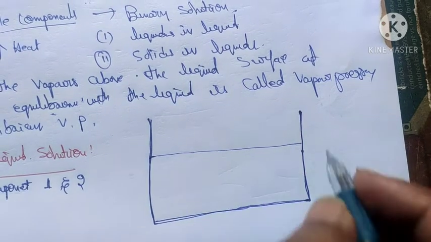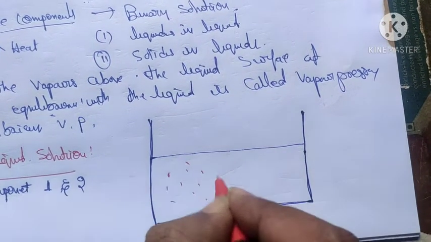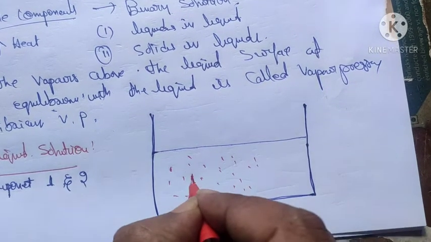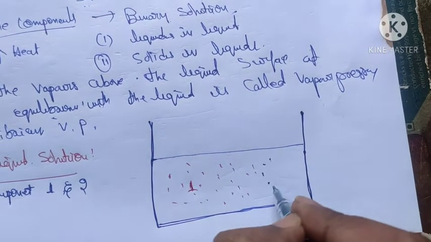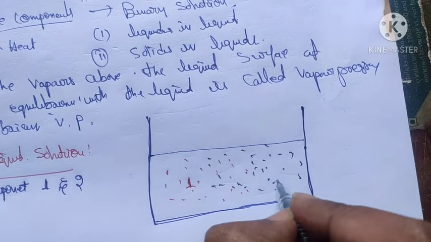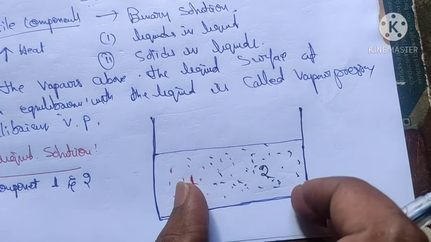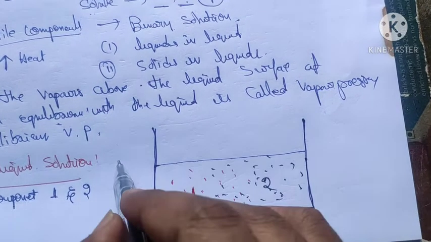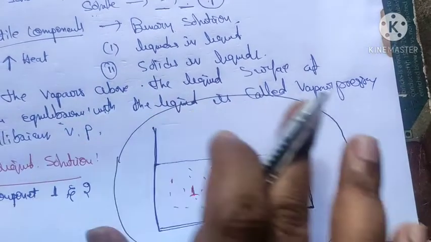This is one liquid, one component, and they have another liquid, the second component. Those two are volatile liquids in a closed system.